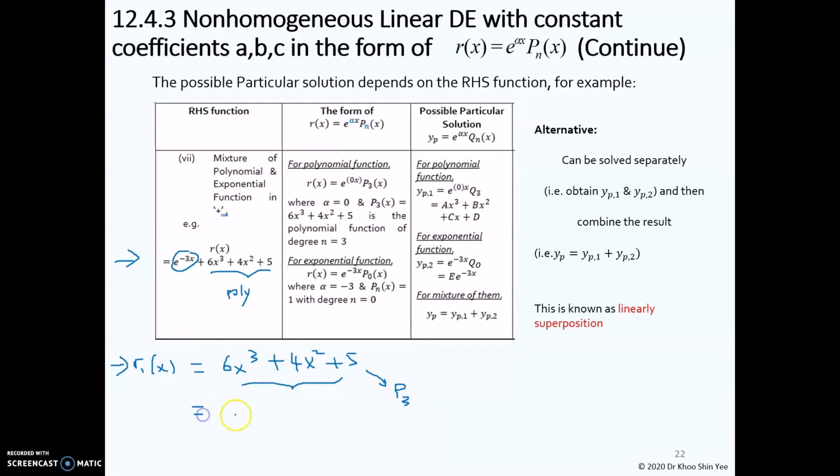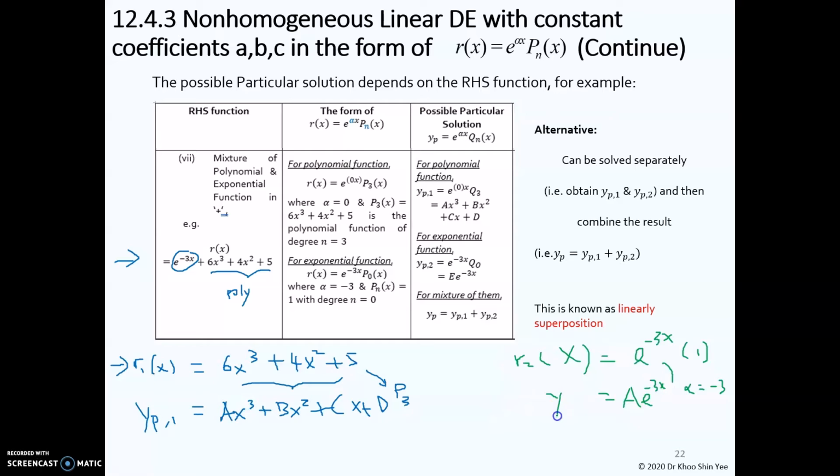Therefore, the general formula for the polynomial function is equal to ax power of 3 plus bx squared plus cx plus d. So this is our particular solution. You also learned that if your right side function is equal to exponential negative 3x, based on this, your alpha is equal to negative 3, and the polynomial function is 1, therefore we can use constant to represent it, and the exponential function remains.